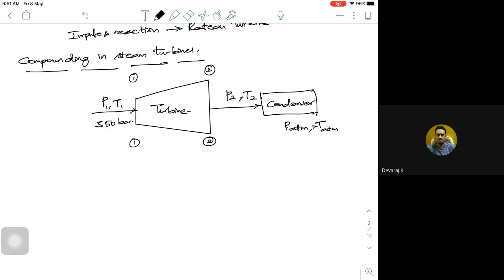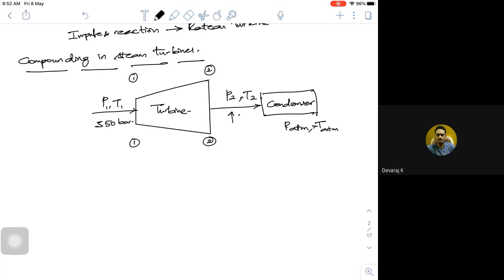Now, to drop from 350 bar to atmospheric, where P2 also should be atmospheric, if I am able to do it in a single stage, the speed with which this will rotate is enormous.